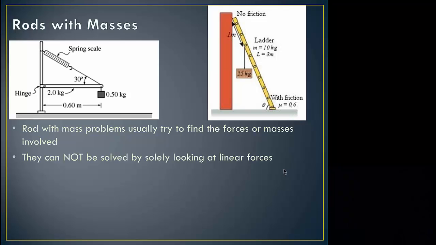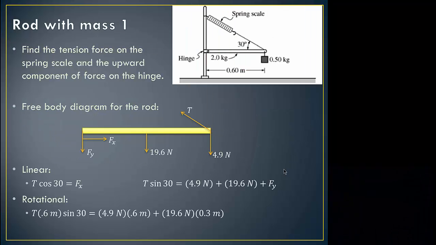Yes, the one on the left looks like it has a hinge, but for the ladder there's no real point of rotation. In situations where equilibrium exists, you can choose any point to be your point of rotation. It makes sense to choose the point where the radius is 0, because you cancel out a lot of forces.